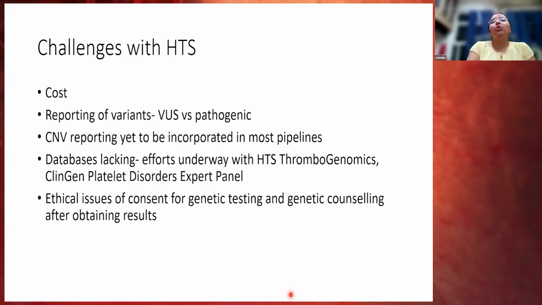Copy number variant reporting is yet to be incorporated in many guidelines, so that again can become problematic. Databases are lacking. Efforts are underway with respect to the thrombogenomic panel as well as the ISTH-led expert panel for platelet disorders. And we have to remember the ethical issues of consent and genetic counseling after obtaining the results.